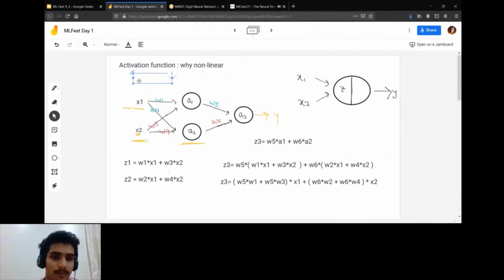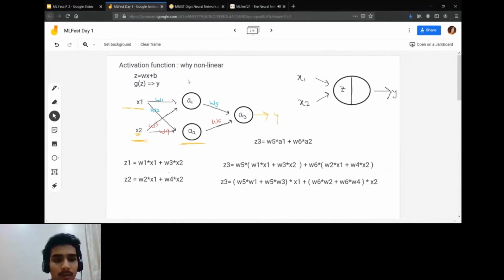We saw that z was w times x plus some b, and then we gave this whole z to some function, g of z, and whatever the output of this function was, that was the output of our neuron, our final predicted output.